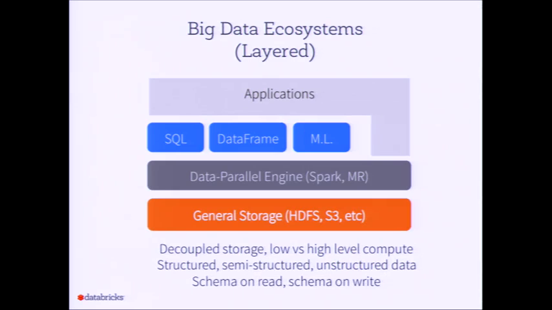If you look at the big data stack, what's happening now is a general storage layer, for example HDFS, or sometimes even S3 and other things, with a data parallel engine sitting on top of it, like Spark or MapReduce, and higher level frameworks on top of that. Now, at the storage layer, the only thing the storage expects is a bunch of bytes.